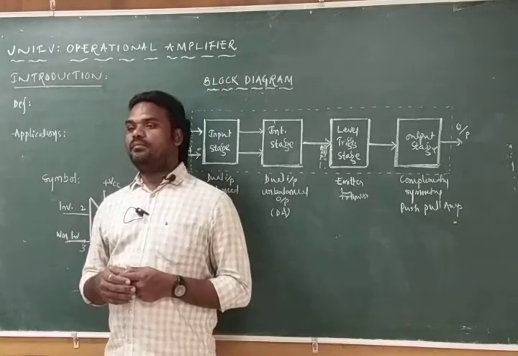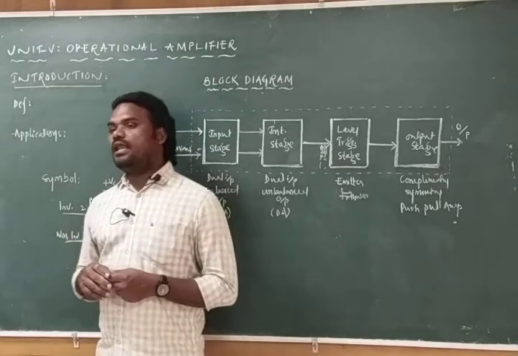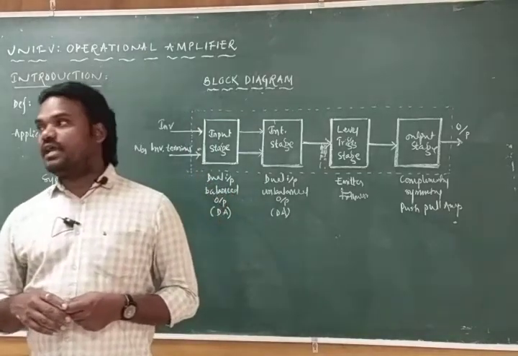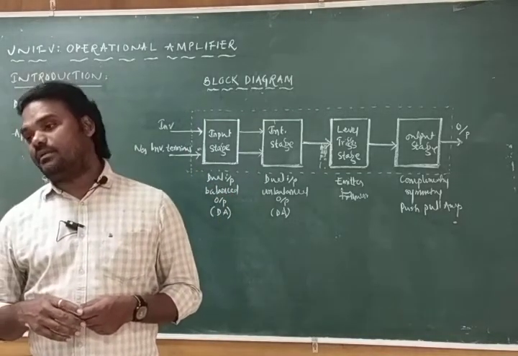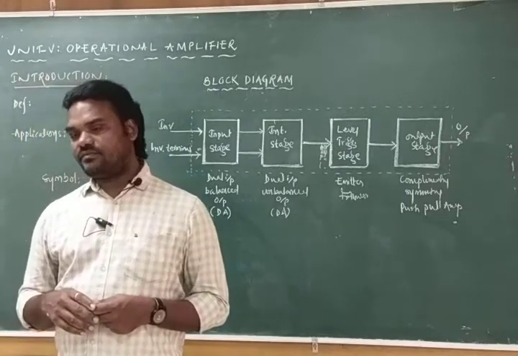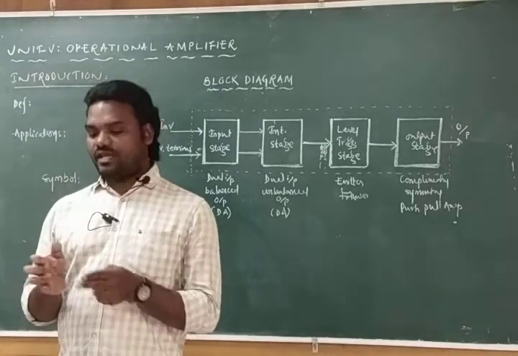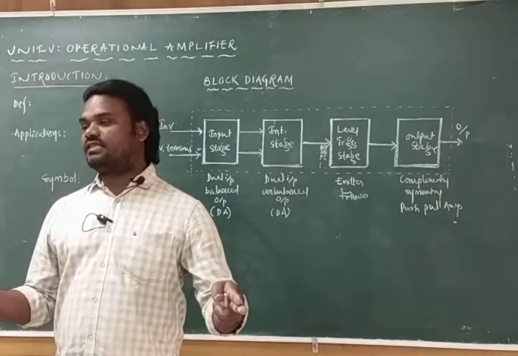Historically, the operational amplifier was designed to make some mathematical operations. A general amplifier makes only amplification. It is used to increase the strength of the signal only.